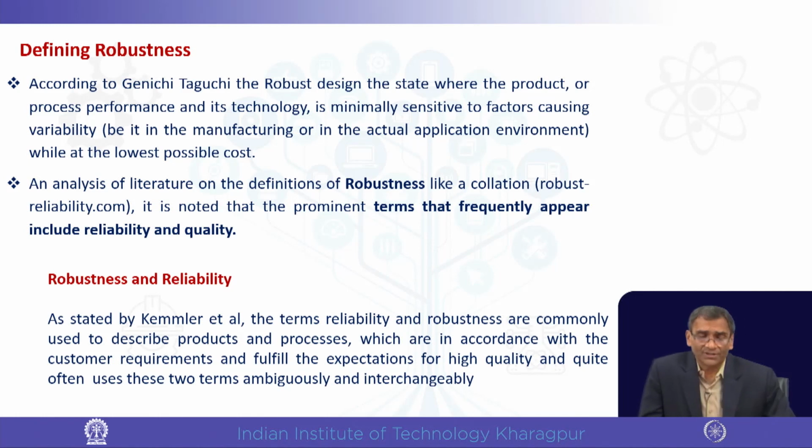Also, Kemmler has observed that the terms reliability and robustness are commonly used to describe products and processes which are in accordance with the customer requirements and fulfill the expectations of high quality, that is good quality, and quite often uses these two terms ambiguously and interchangeably. So, they make no distinction, though technically there is a distinction, but irrespective of those concerns we will deal with both, so that we understand that the entire gamut is covered. So, there is no further complication in the discussion.